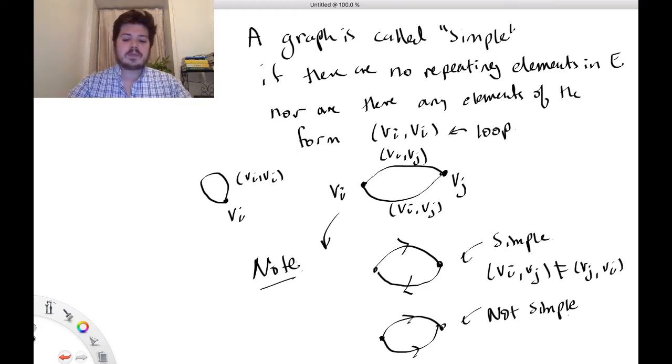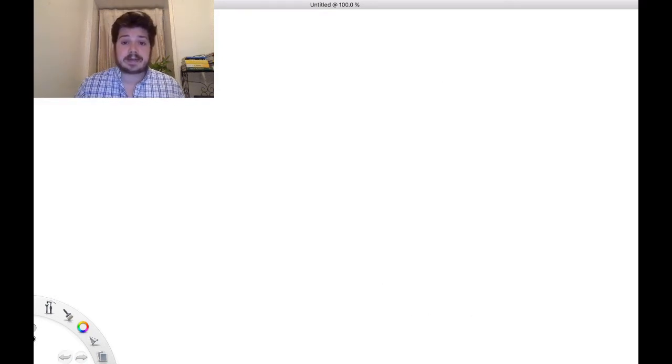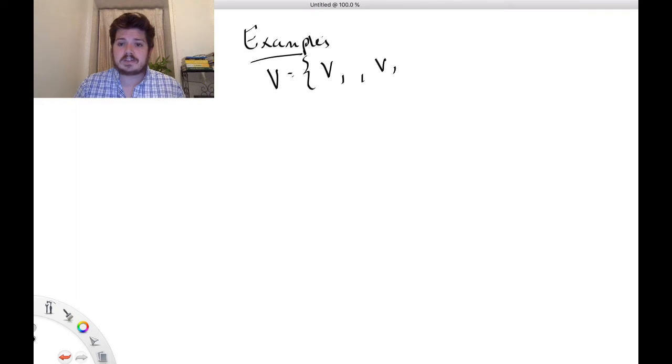Okay, so you can uniquely define graphs by their vertex and edge set. So let's just draw a couple graphs and see what they look like. Let's say our vertex set has 4 vertices, v1, v2, v3, and v4. And then our edge set, remember, are pairs of vertices.